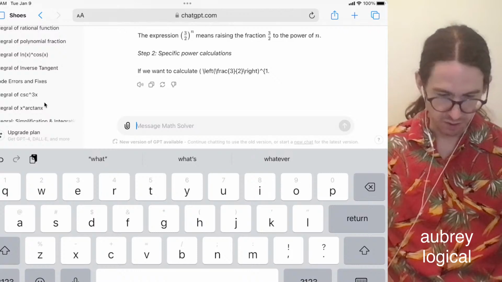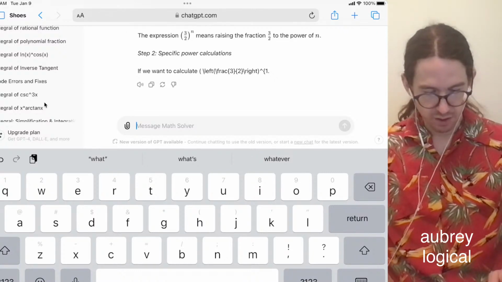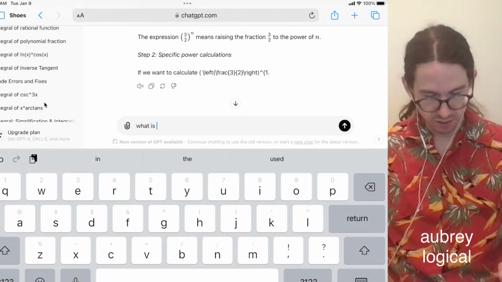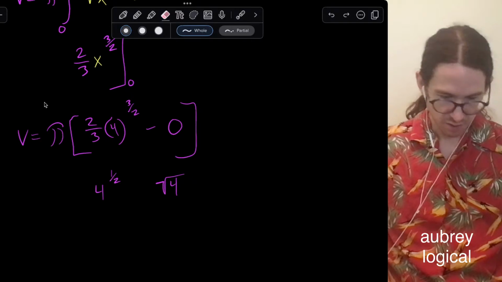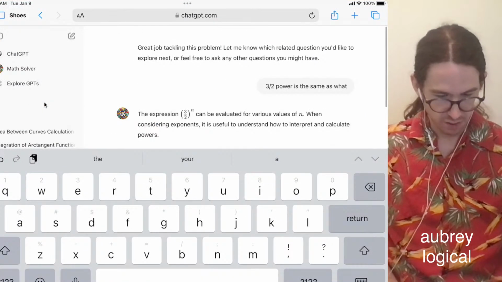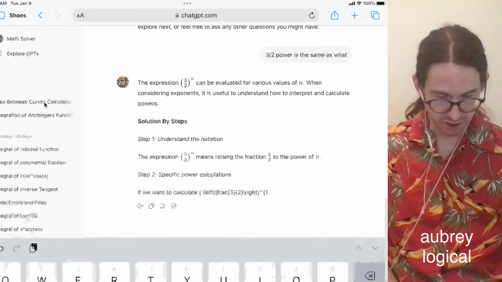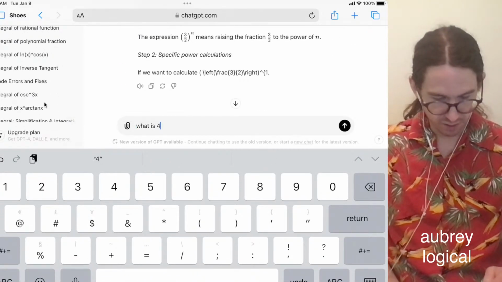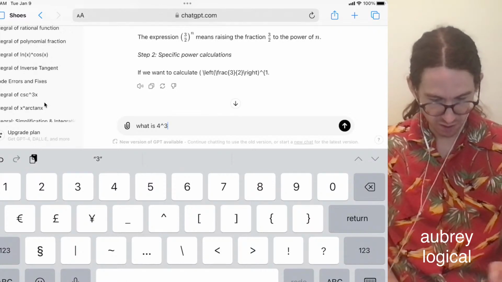All right, it misinterpreted mine. Sorry, I know I can do this on the calculator, but I just figured ChatGPT might tell me why. 4 to the 3/2.